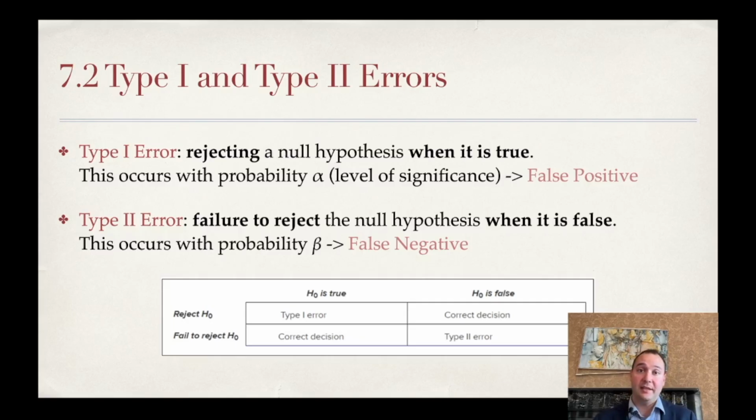Specifically, it depends on what distribution you're looking at. It also depends on the level of alpha that we set directly, and it also depends on your sample size. In other words, alpha, type 1 error, we can directly set. We can set beta indirectly based on a few different factors.